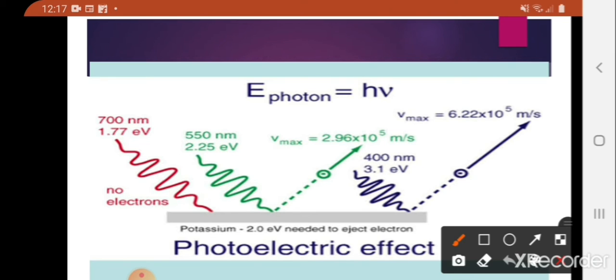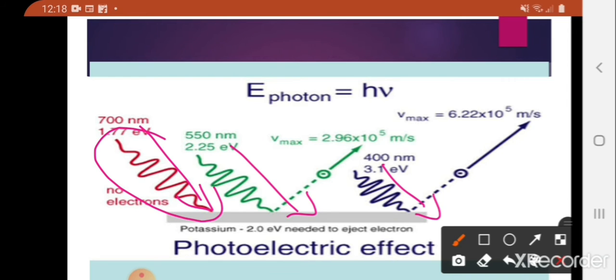Here you can see a picture where many colors of light strike the metal surface of potassium. Here the potassium is exposed to red light, also green light and also violet light. Here you can see the difference.